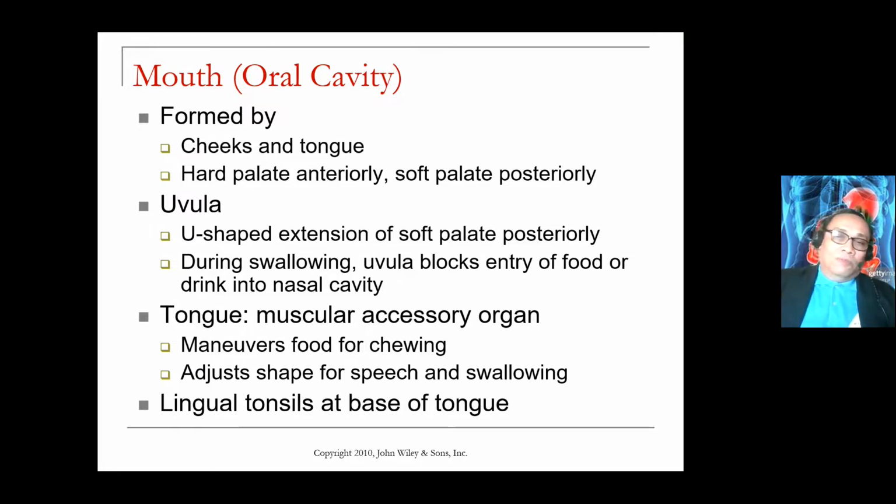Okay, on the bottom, or on the floor of the oral cavity would be the tongue. It is a muscular accessory organ, maneuvers food for chewing, and adjusts shape for speech and swallowing. Surprisingly, it is one of those exceptions of a skeletal muscle that is not directly attached to a bone. Diba? Kasi minsan magkakaroon tayo ng trivia eh.